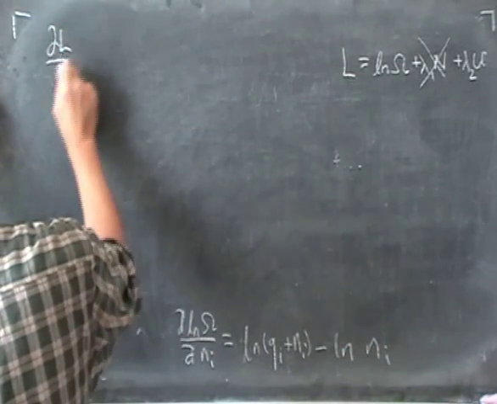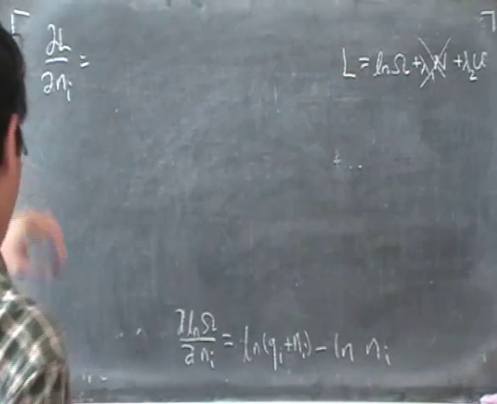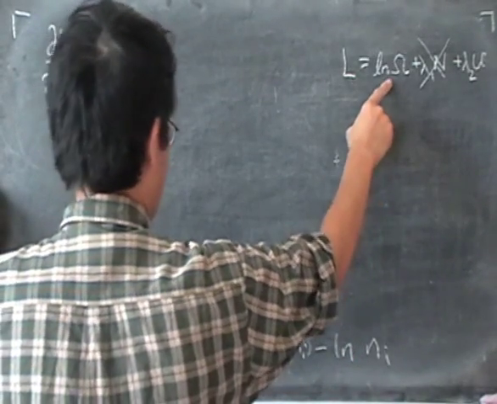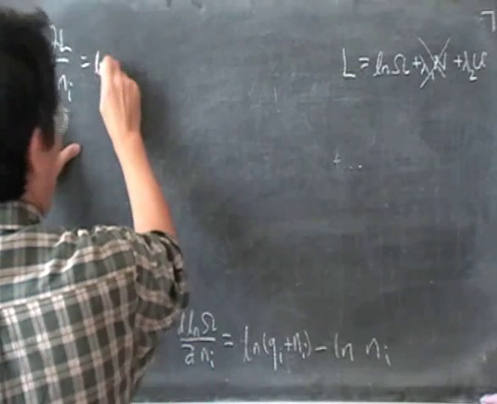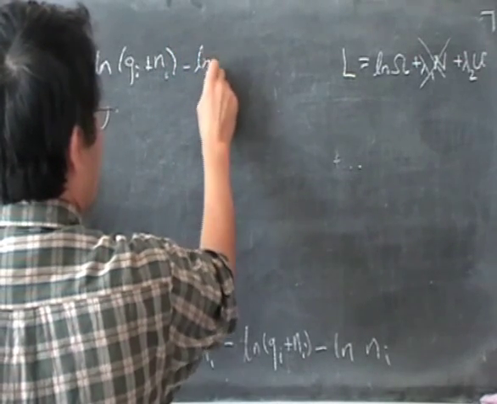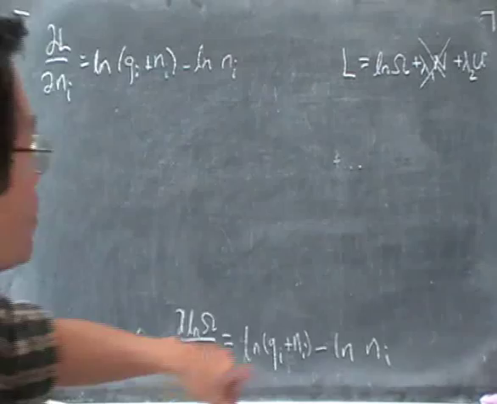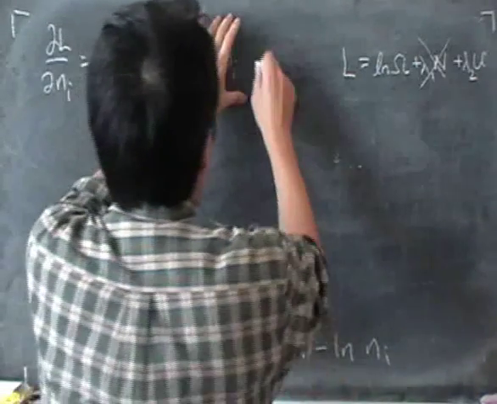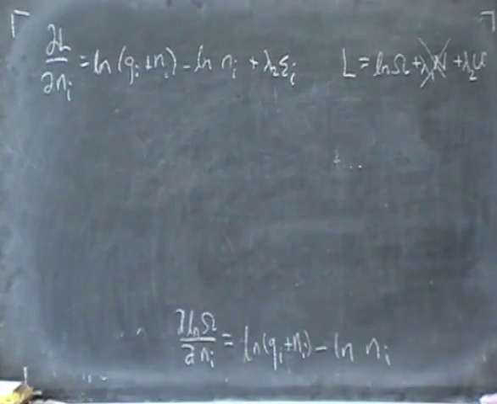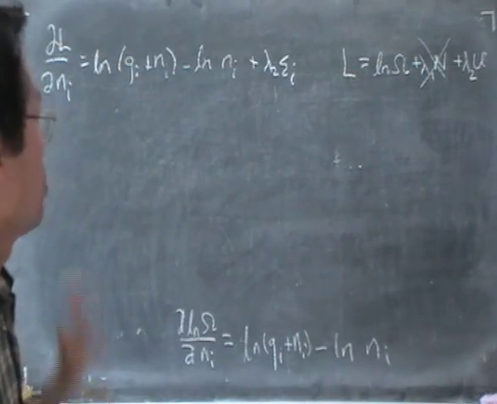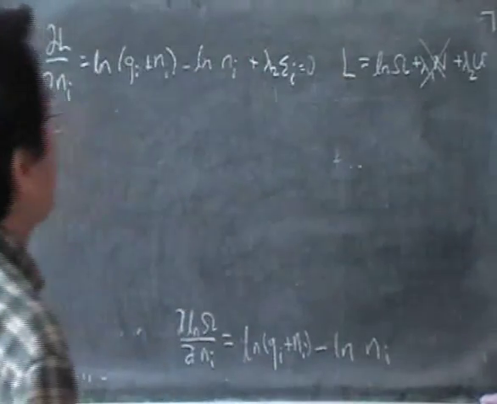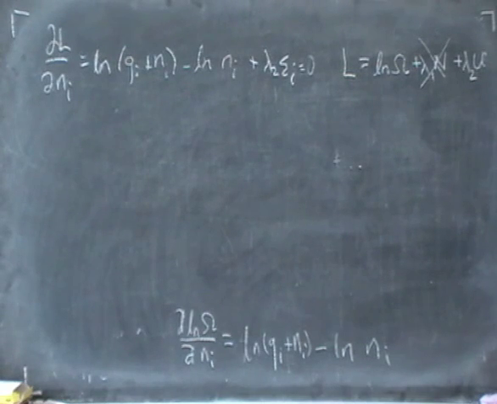So dL by dNi is equal to, differentiating that gives this, log gi plus ni minus log ni. Differentiating u gives ei plus lambda 2 ei. That's that. And to maximize this, we equate this to 0. And now we can solve for ni.